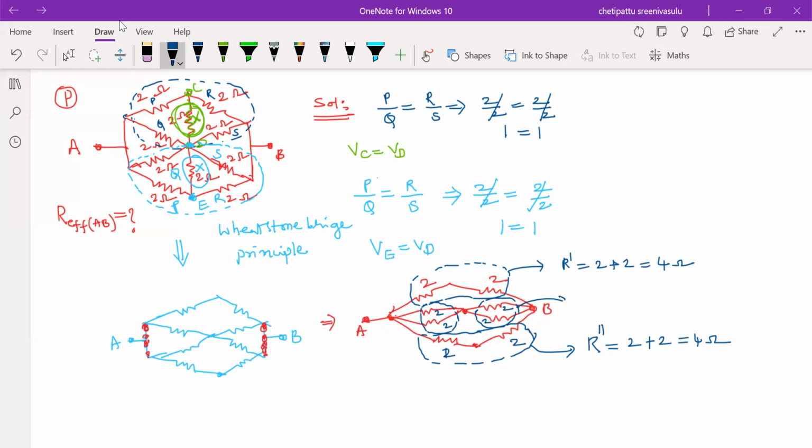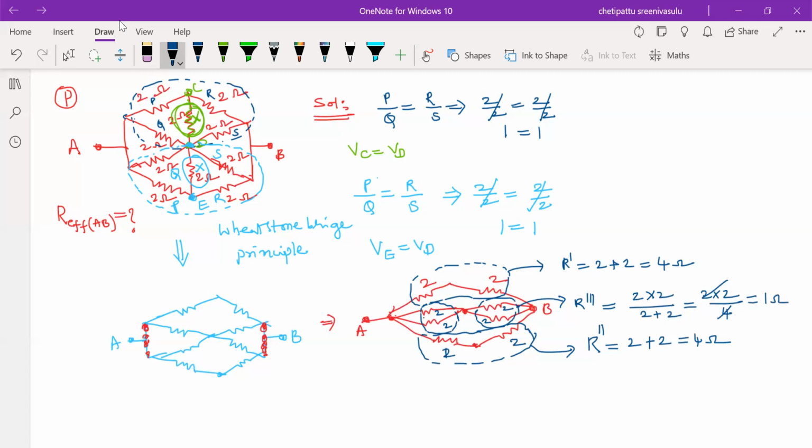For parallel, take this as R triple dash. For parallel it is 2 into 2 upon 2 plus 2. This will be 2 into 2 upon 4. The 4s get cancelled. Finally, this will be 1 ohm.